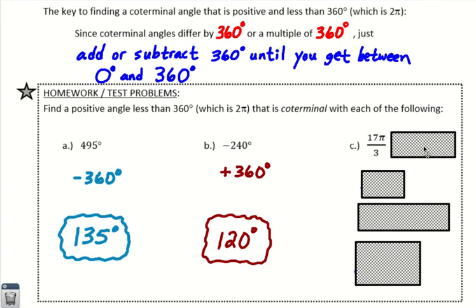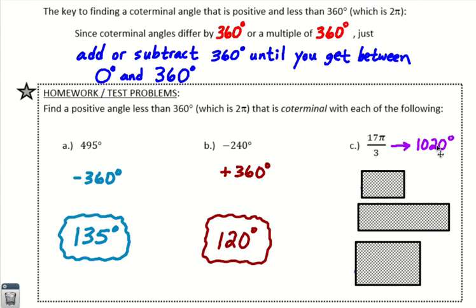Just like we usually are going to be doing from here on out, if we see something in radians, let's just quickly change it to degrees. And again, just to be repetitive, how do we know that's 1020? We plug in 180 degrees for pi, so it'd be 17 times 180 divided by 3, and that's 1020.